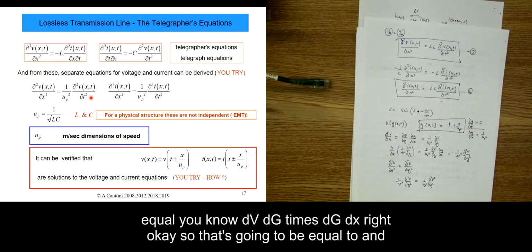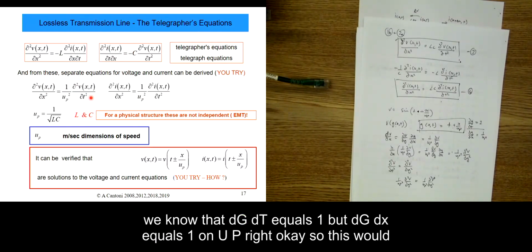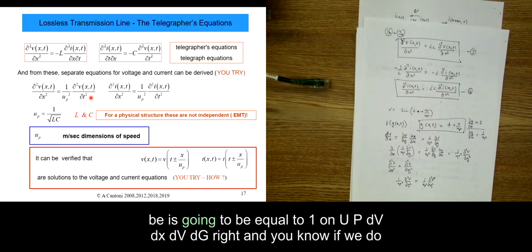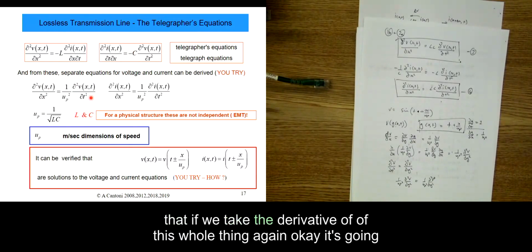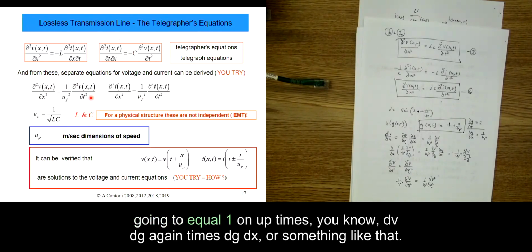So that's going to equal dv dg times dg dx, right? We know that dg dt equals 1, but dg dx equals 1 on UP in this case. So this is going to be equal to 1 on UP times dv dg, right? And if we take the derivative of this whole thing again, it's going to equal 1 on UP times dv dg again times dg dx.